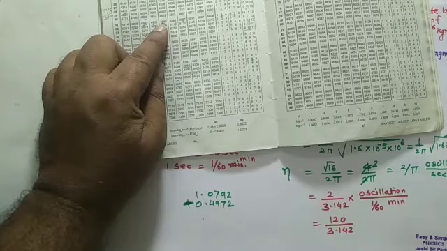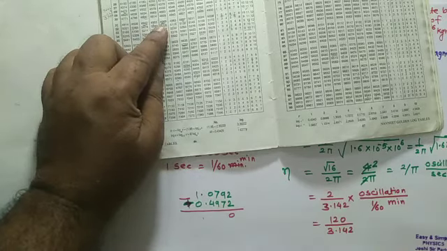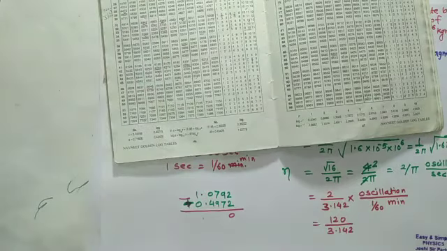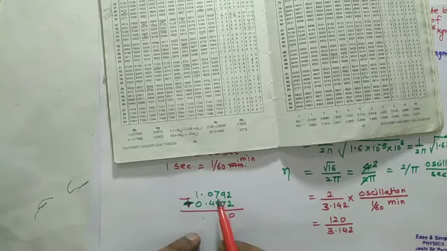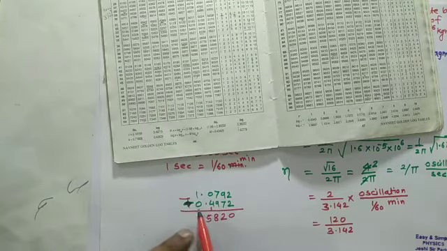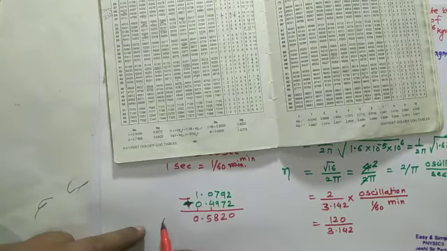Subtraction is there. From 2 subtracted, 0 is remaining. From 9, 7 is subtracted, 2 is remaining. From 7, 9 is subtracted, means 17, 9 is subtracted, 8 is remaining. And from 10, 5 is subtracted, 5 is remaining. Here 0.5820. So take its antilog.